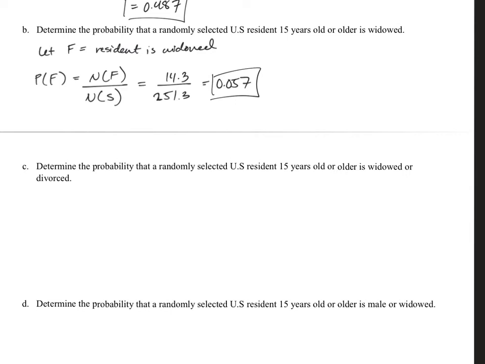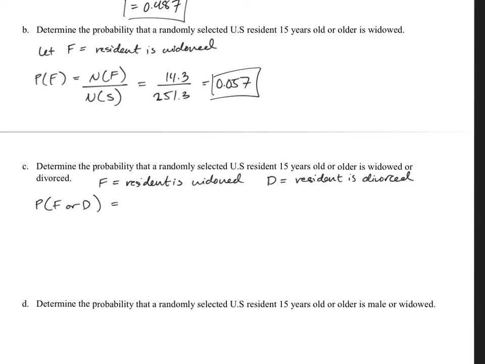So I'll let F equal resident is widowed, and D equal resident is divorced. So we are looking for the probability of F or D.